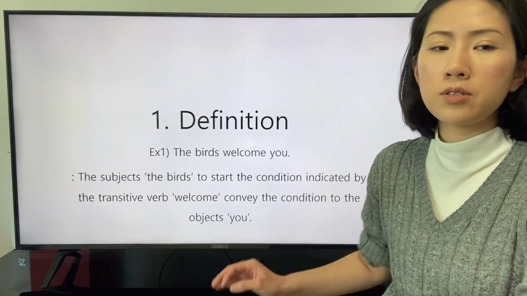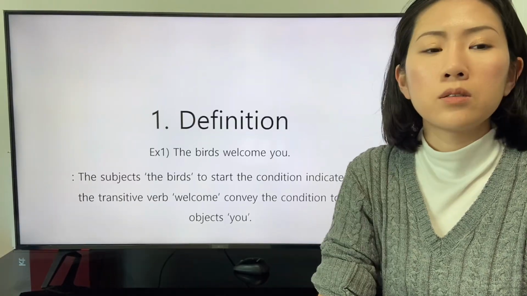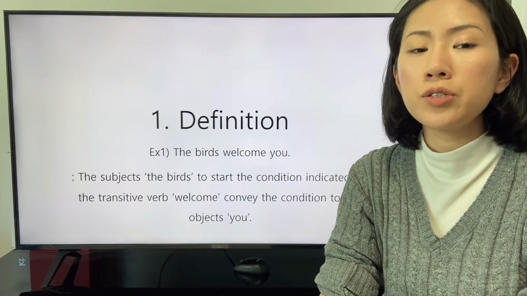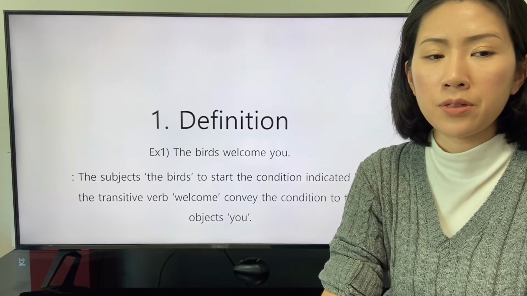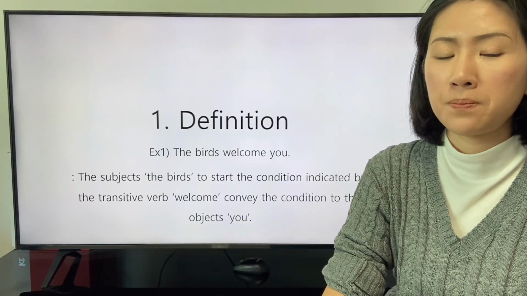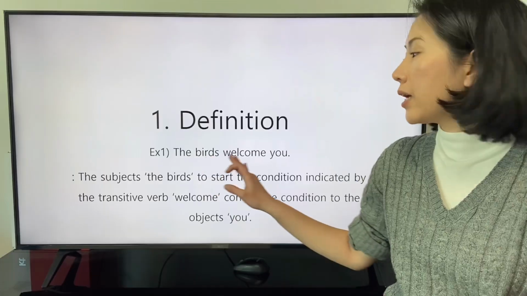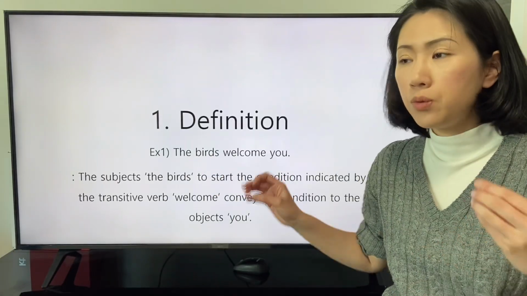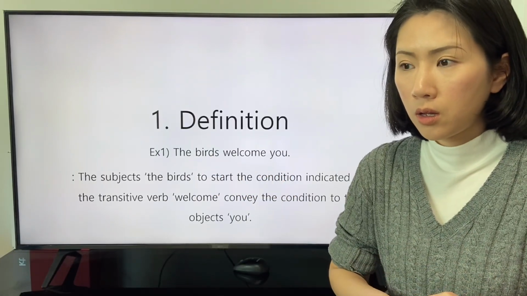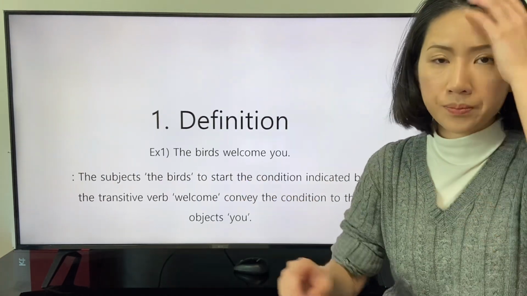There is a clause, the birds welcome you. The subject, the bird, starts the condition indicated by the transitive verb welcome and conveys the condition to the object you. The subject, the bird, and the object you are mediated by the transitive verb welcome.